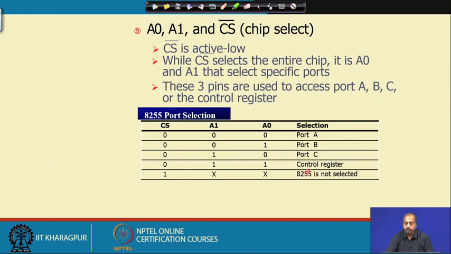The control register is required for configuring the 8255 chip in different modes, and the port registers A, B and C are for putting values onto the ports, or for reading the content from the port onto the processor. Depending upon your address setting, the individual port will get selected.